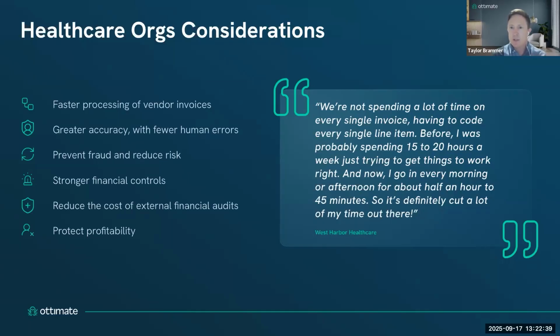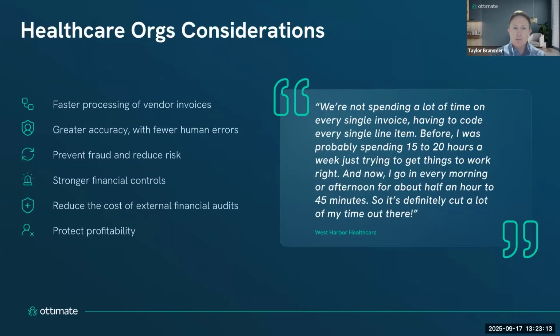We're using our AI to identify those invoices and place a trust score on invoices and correspondence that we can then send to somebody to ultimately review and decide whether it's worth paying. And then obviously within the invoice processing automation, beyond reducing internal costs, we also want to reduce external audit risks and costs, and then ultimately protect the profitability of the organization.